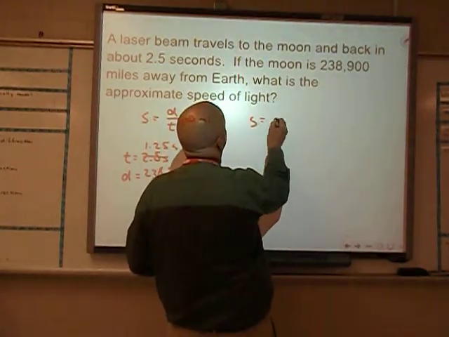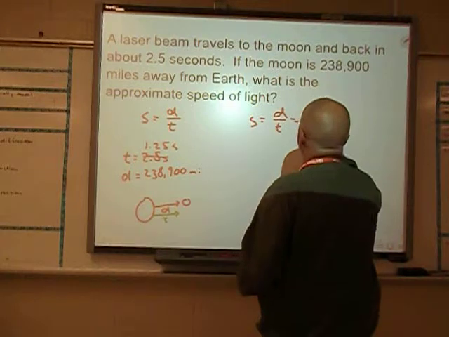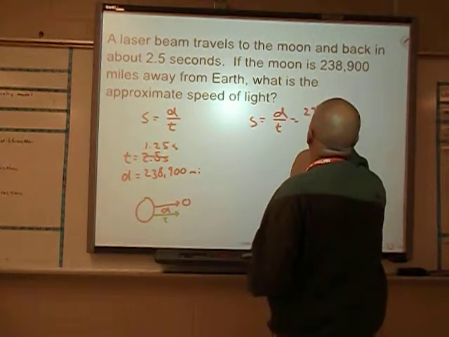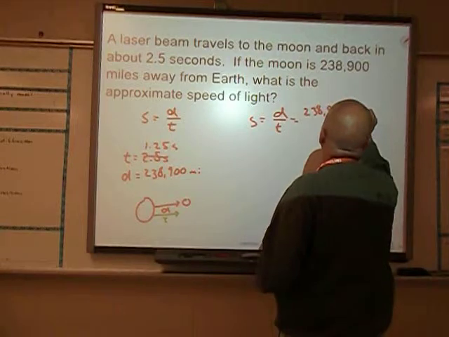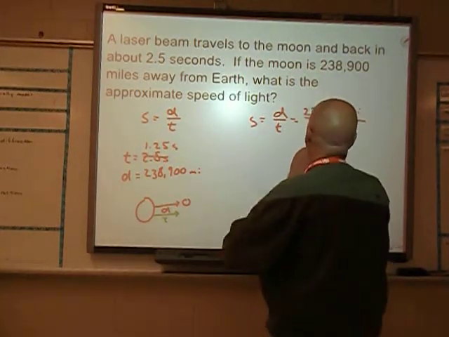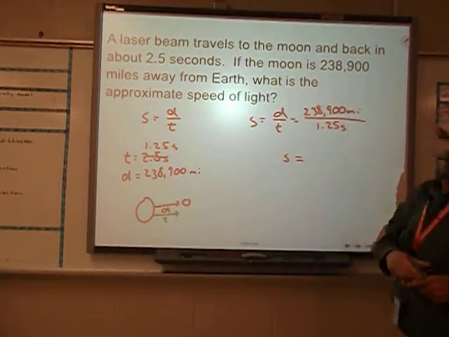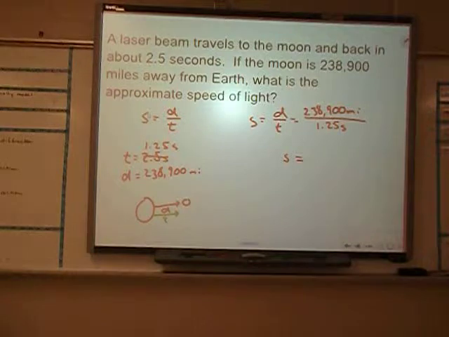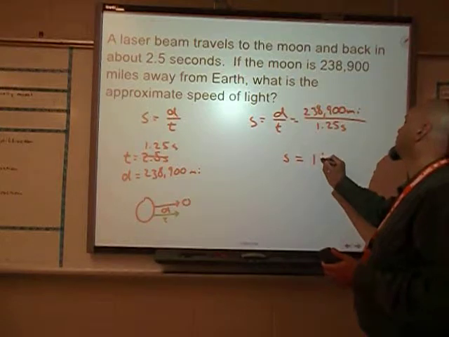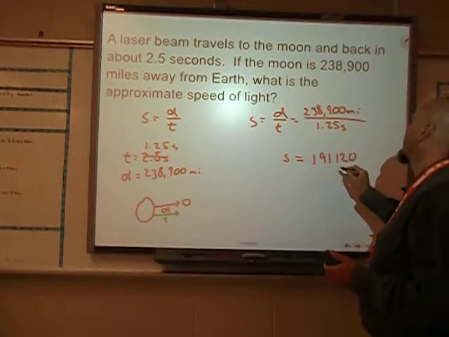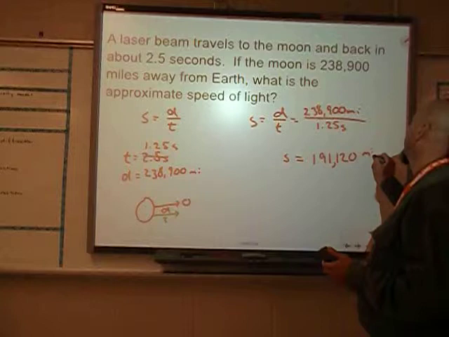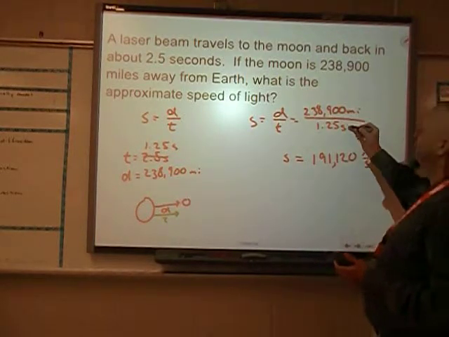So speed equals distance over time. 238,900 miles divided by 1.25 seconds. 238,900 divided by 1.25 is 191,120. And that's miles per second, exactly what we have up here in the equation.